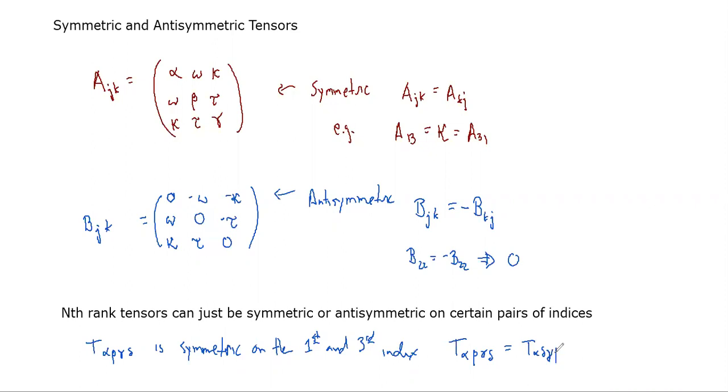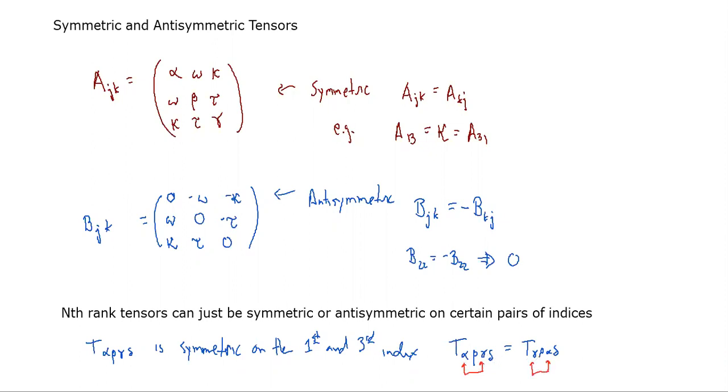Sorry, thinking in GR. First and third indices, so gamma, beta, alpha, delta. So flip 1 and 3, I get the exact same thing back.